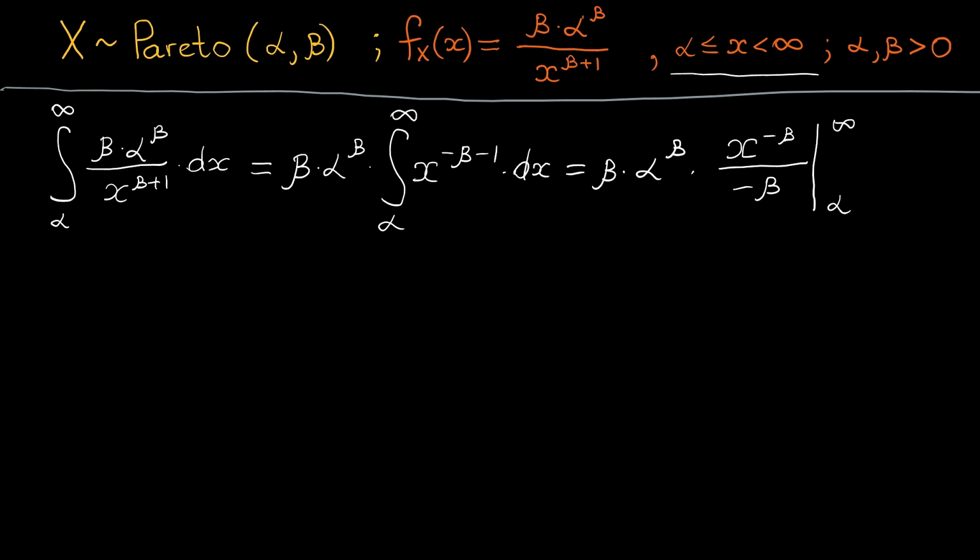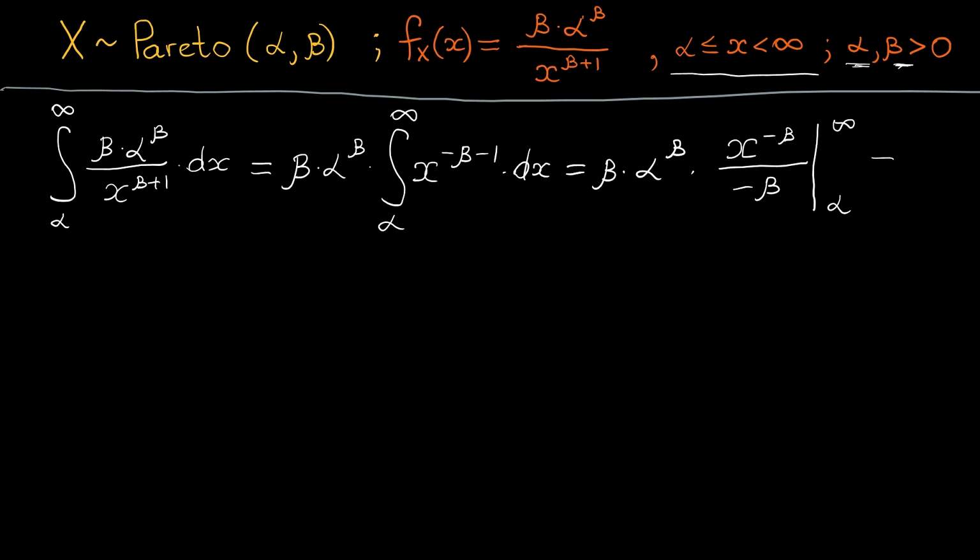One is, we have a minus beta here in the denominator, but alpha and beta are strictly greater than 0, so we don't have a problem with division by 0 here. Okay, that's good. And then what about here in the actual PDF? X is in the denominator, but notice that x is always greater than or equal to alpha, and alpha is strictly greater than 0. So again, we do not have a problem of dividing by 0 at any point in time. Okay, that's important.